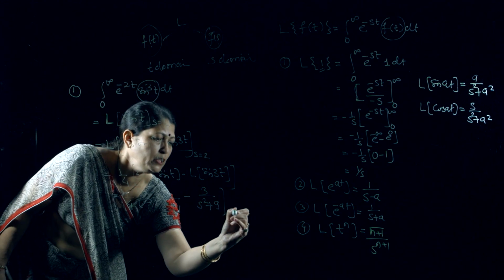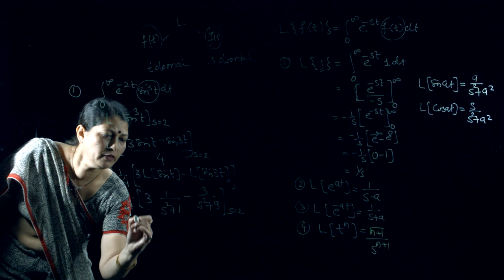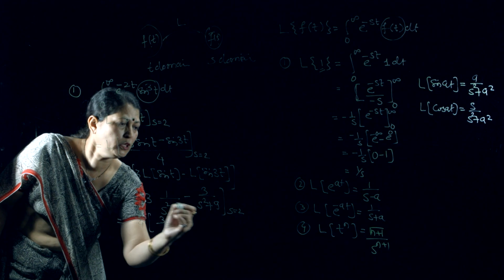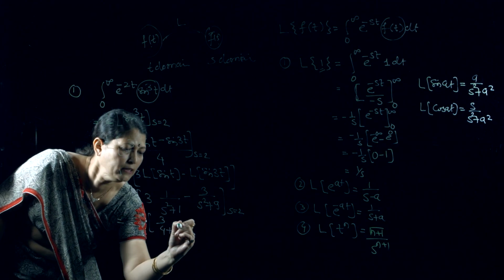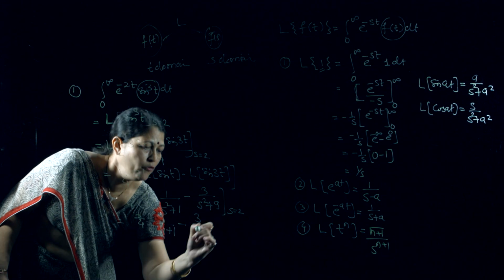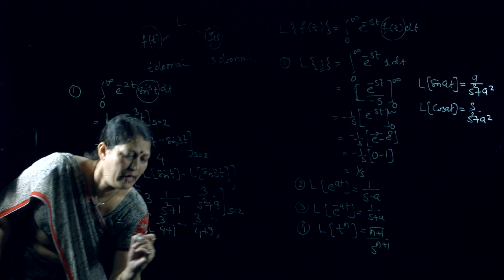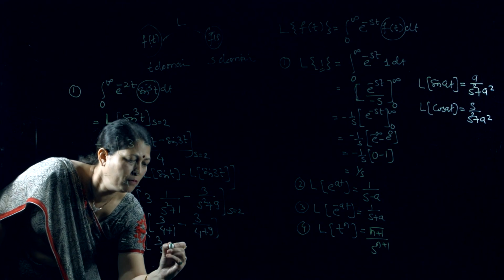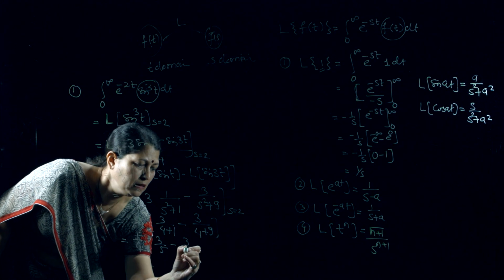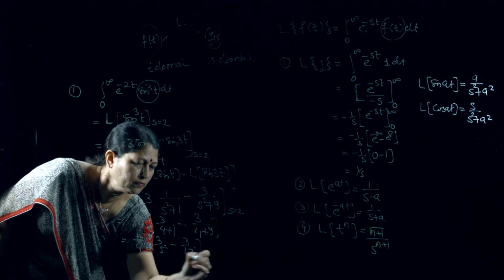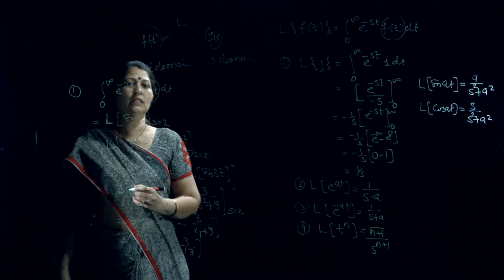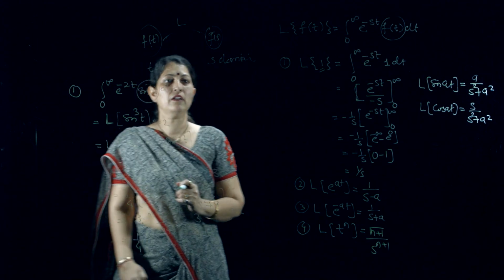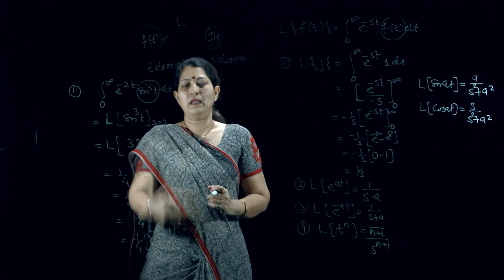Now at s is equal to 2, we find 1 by 4 into 3 by, s is equal to 2 means here 4 plus 1, minus 3 upon 4 plus 9, and that gives you 1 by 4 times 3 by 5 minus 3 by 13, and the rest of the thing you can calculate later. So you can see how quickly you can find this integral value using the Laplace transformation.